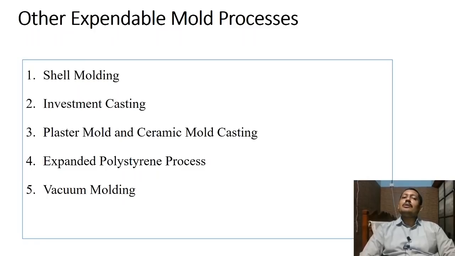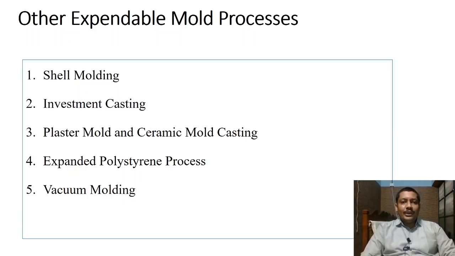There are other processes also in the expendable mold process other than sand casting. We'll have shell molding, investment casting, plaster mold and ceramic mold casting. You will have expanded polystyrene process and vacuum molding.